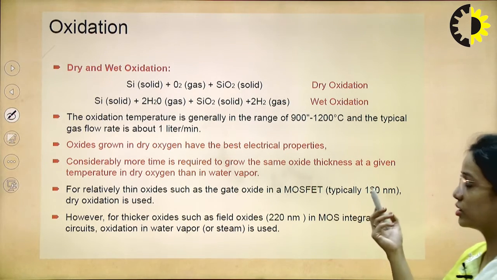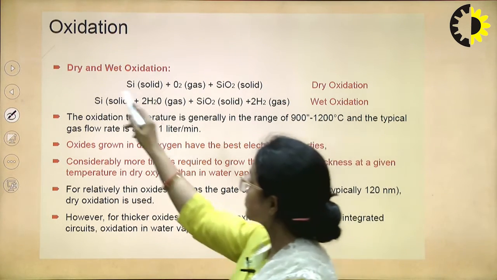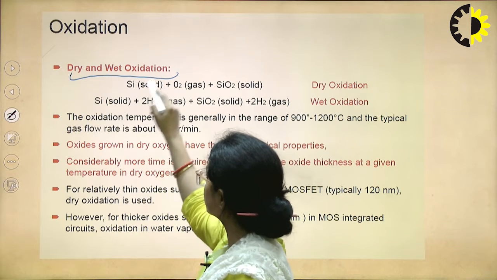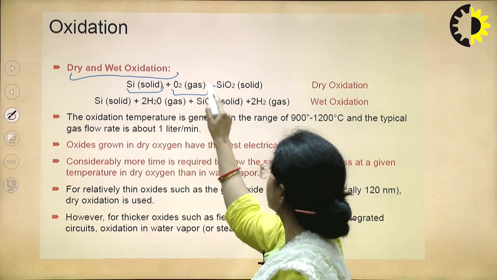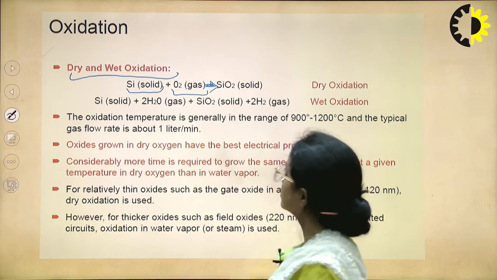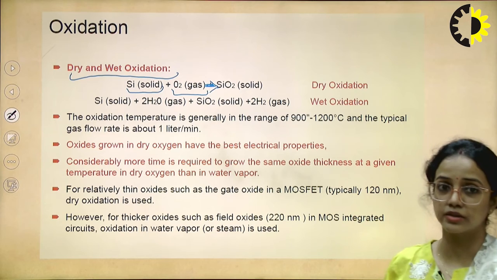Let's discuss what dry and wet oxidation are. In the first case, silicon is exposed to an oxygen environment and gives out silicon dioxide.